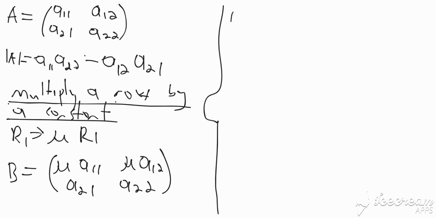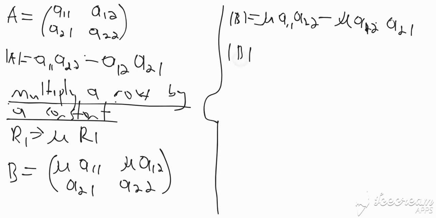The determinant of B, once again, is the product of the leading diagonal, which is going to be mu A11, A22 minus mu A12 times A21. Now, what we realize here is that mu is common, so we can factor that out.